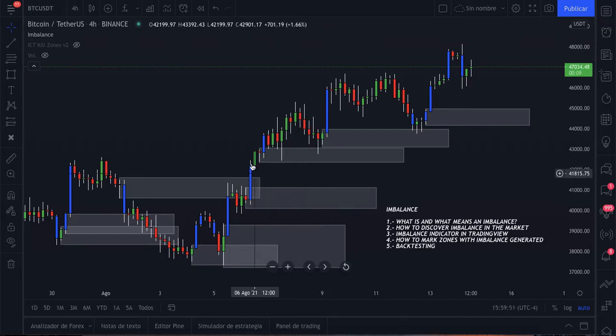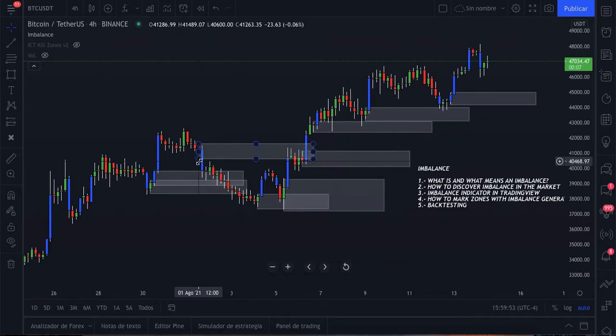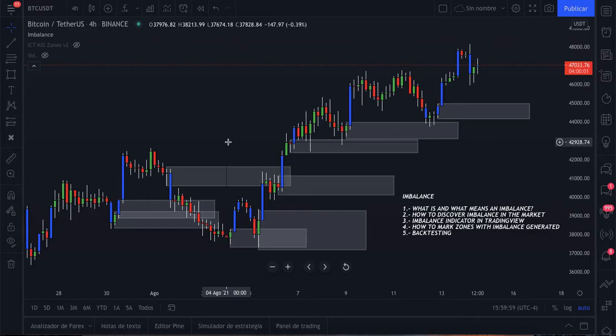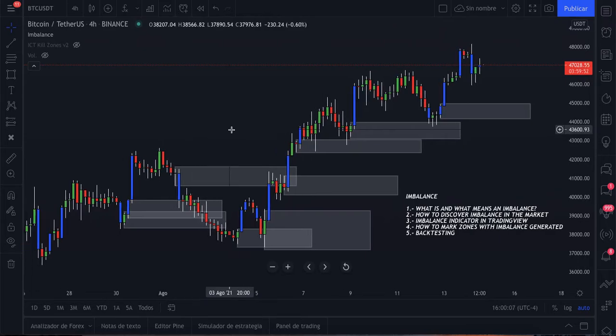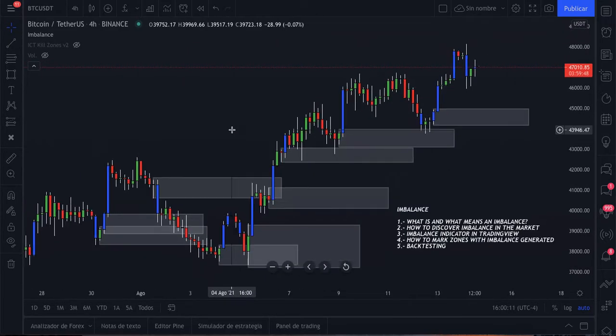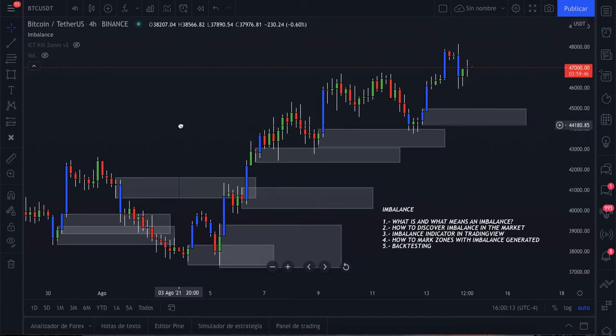Now the important thing is that you need to unite your factors, your trading plan, because not all imbalances are tradable. So we are going to do a little backtesting this time.